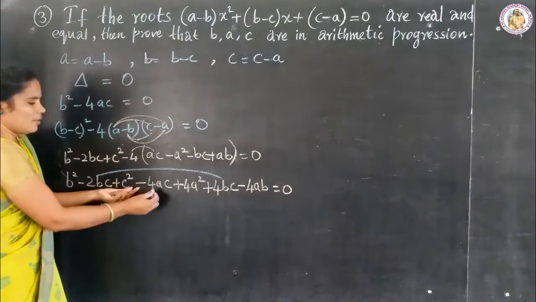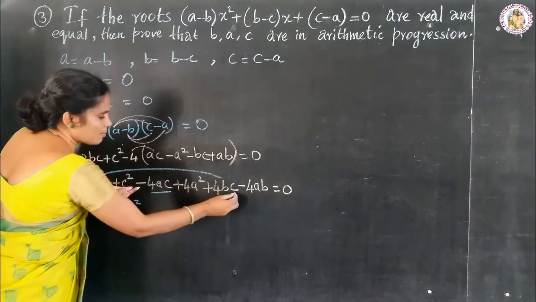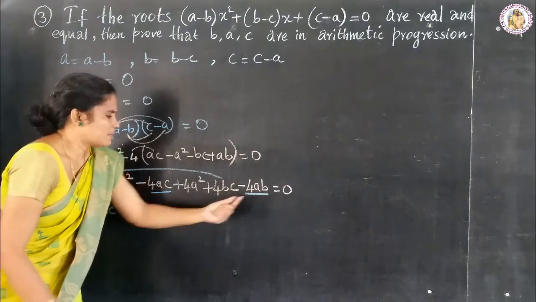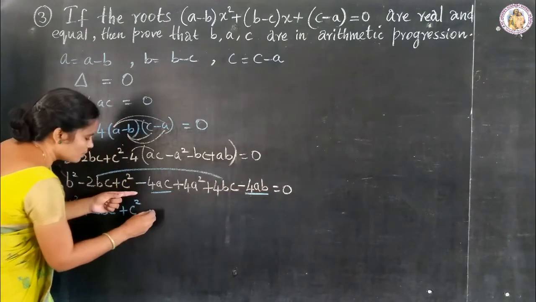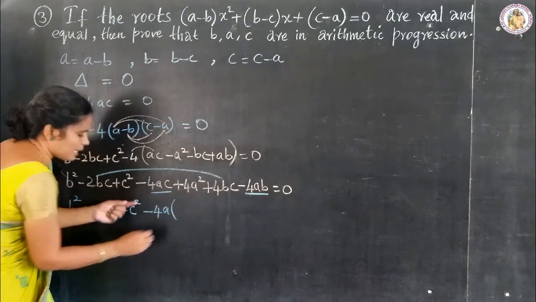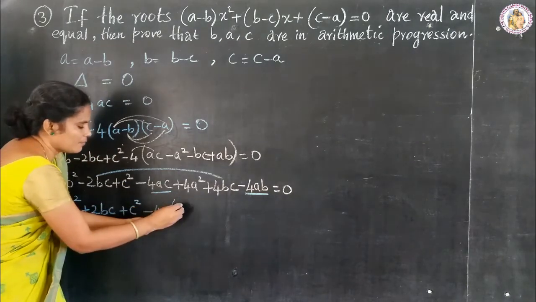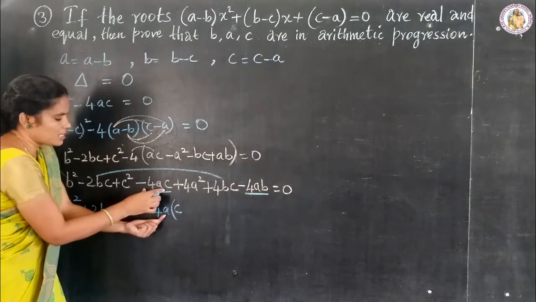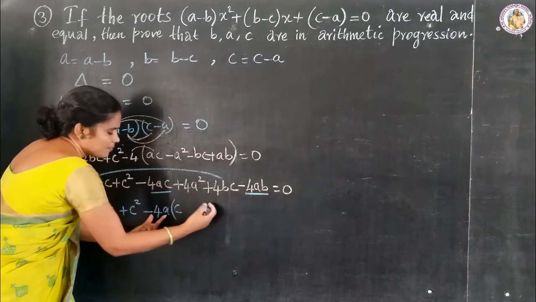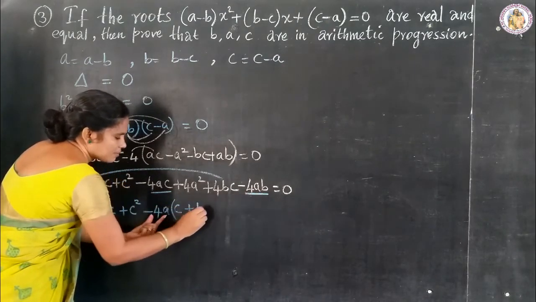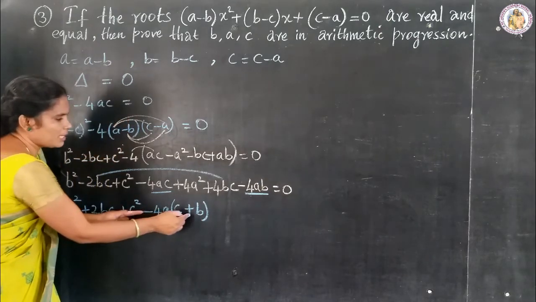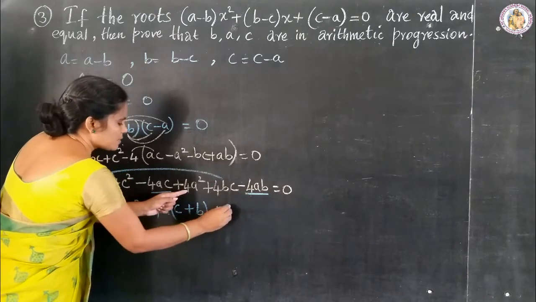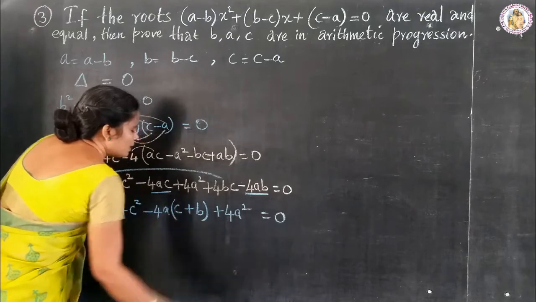And now here we have 4ac, 4bc and 4ab. 4a is common, so take minus 4a outside the bracket and write c within the bracket. If you multiply you must get the same thing: minus 4a into c is minus 4ac, and minus 4a plus b, and now if you multiply plus into minus, minus 4a into b, 4ab. Okay, then plus 4a square is equal to 0.